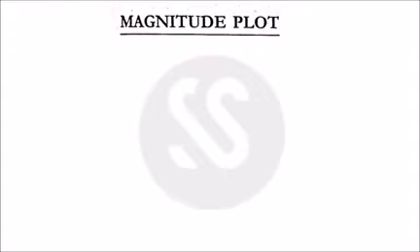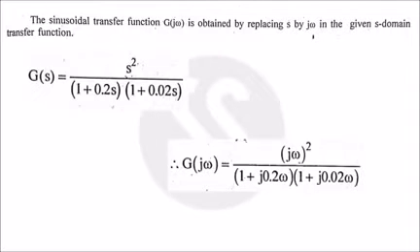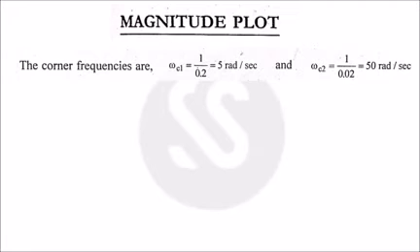Next, we need to find the magnitude plot. From the frequency response transfer function we can find the magnitude value and also the phase value. One more thing, we need to find the corner frequency.